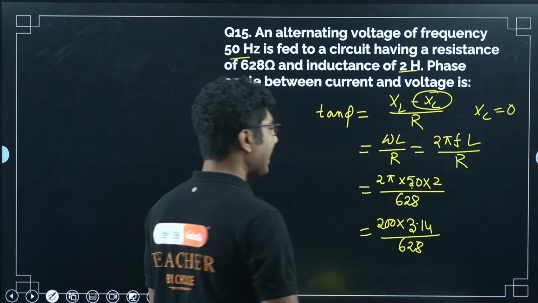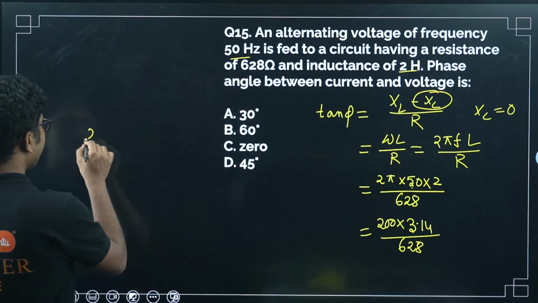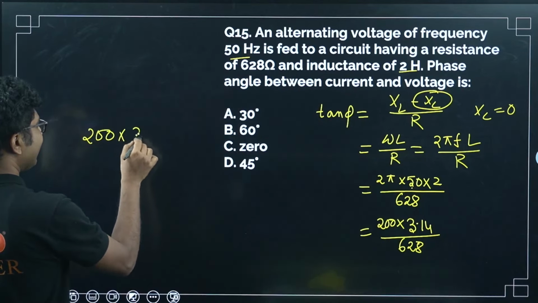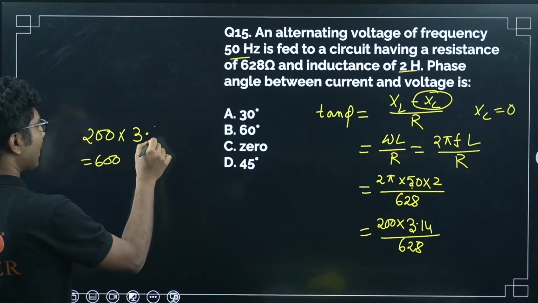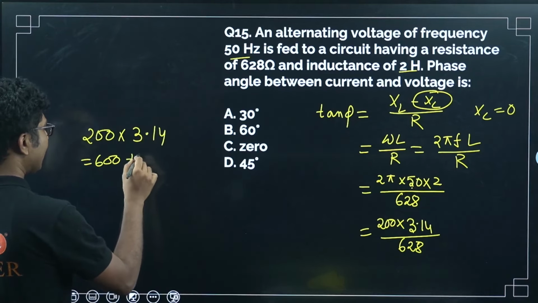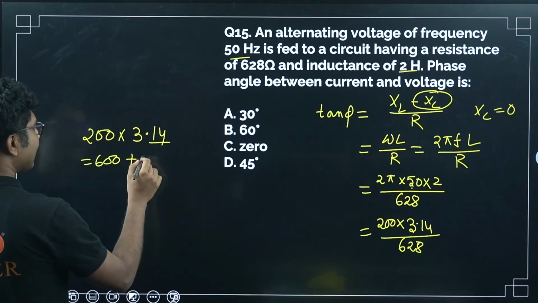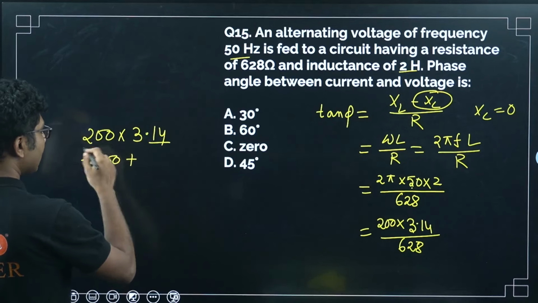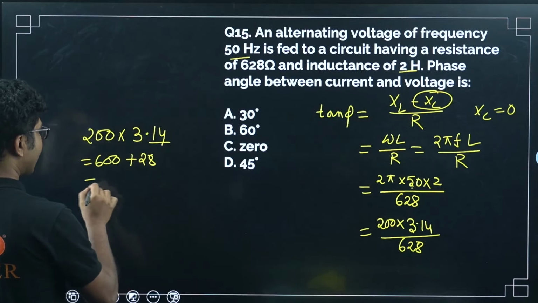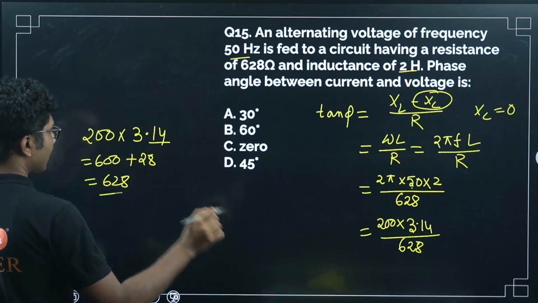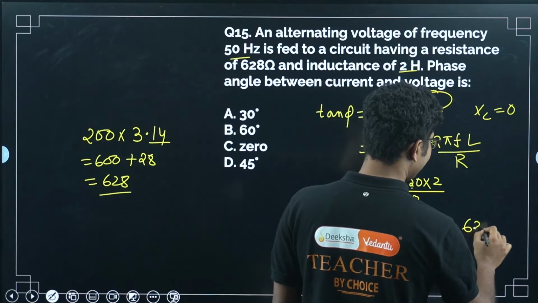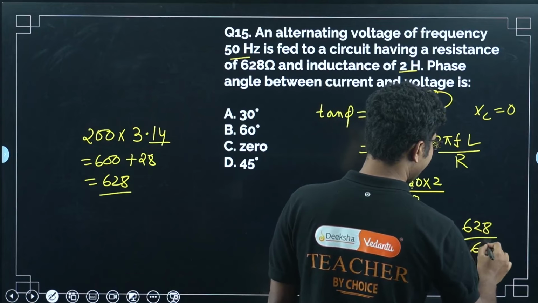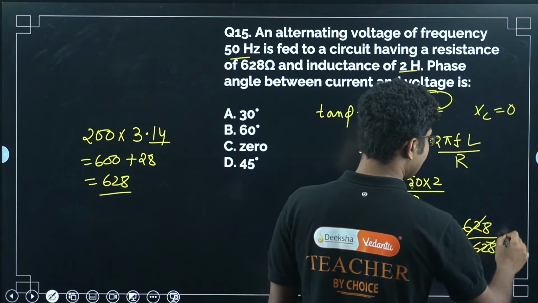Now if you multiply 200 with 3, you will get 600, right? Similarly, if you multiply 3.14, then you have to add 14 times 2, that is 28, so you will get 628. Okay, if you are smart enough, you can guess that this should be 628 divided by 628, so it will cancel, you will get 1.